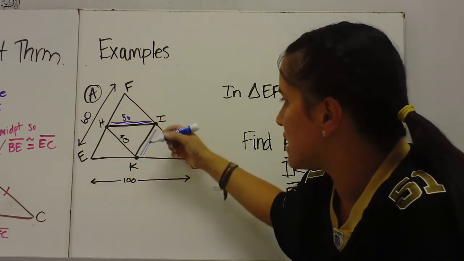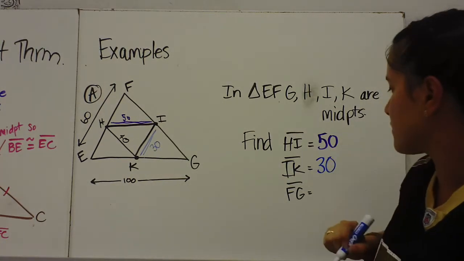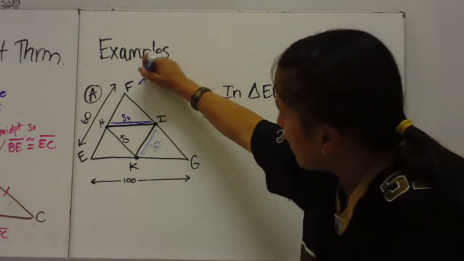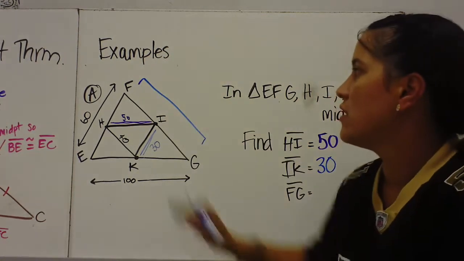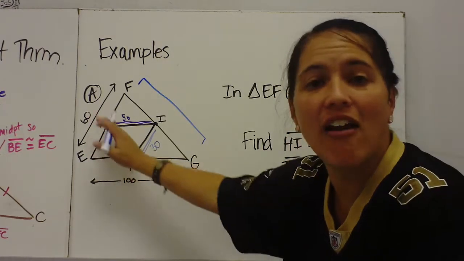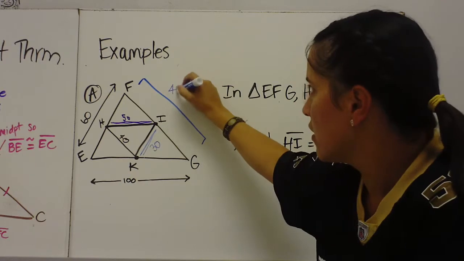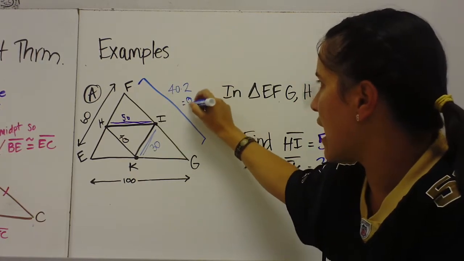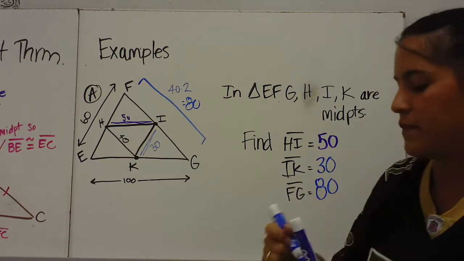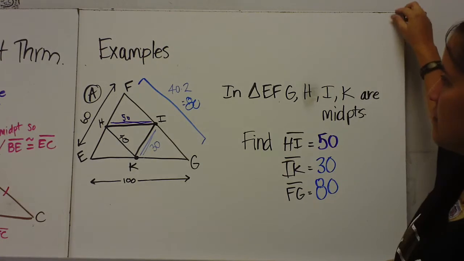So if EF is 60, then IK is 30. And the last one, FG, is the big segment. HK is half of FG, so we need to multiply by 2 to get 80. So FG is 80. We solved that using the midsegment theorem.